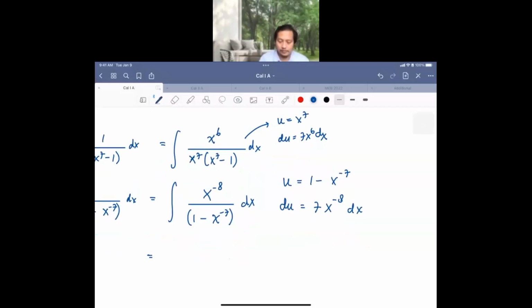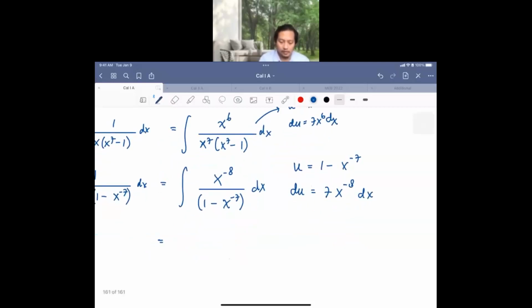So we could have 1 over u du, and we need to multiply with 1 over 7. So this is supposed to be 1 over 7 ln u, right?